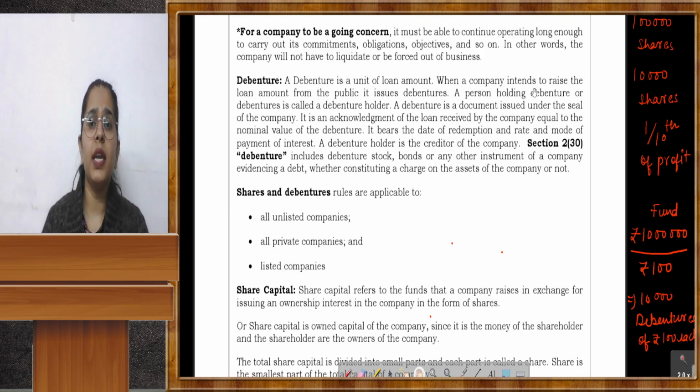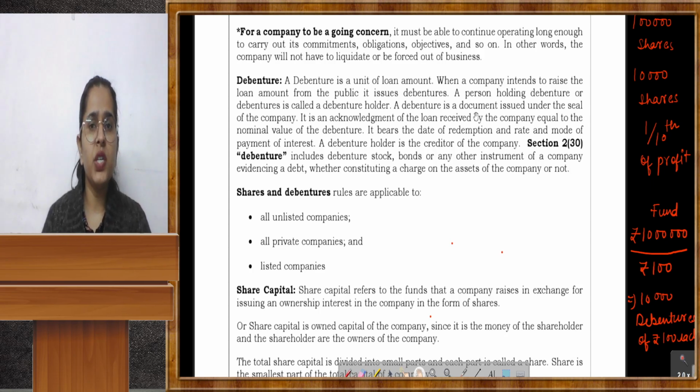When a company intends to raise a loan amount from the public, it issues debentures. A person holding debentures is called a debenture holder, as a person who holds shares is known as a shareholder. In similar fashion, when a person invests in a company through debentures, or in other words, he gives a loan to the company in the form of debentures, he is known as a debenture holder.